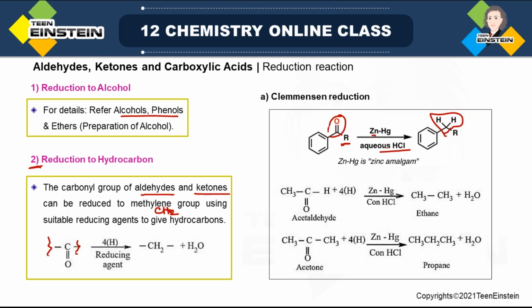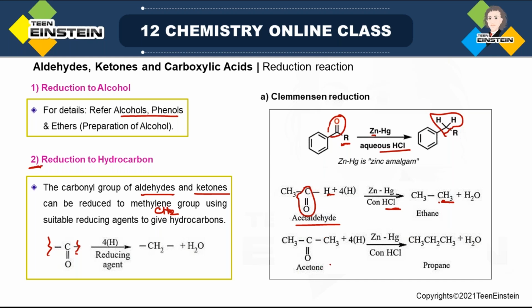Some examples. The first molecule has a benzene ring, but now we have taken acetaldehyde, in presence of Zn-Hg and concentrated HCl, and we are getting ethane. This CO is converted to CH2 and already one H is there, so ultimately it will be converted to CH3.